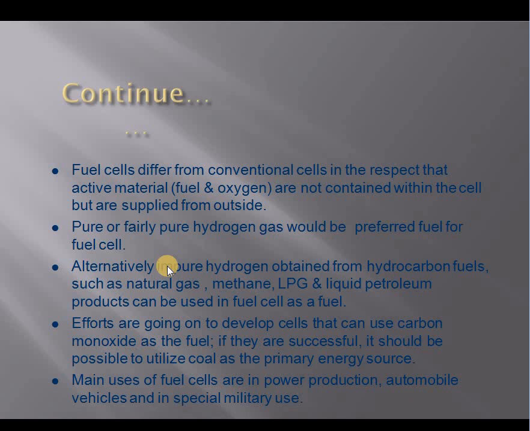Okay, so this conversion of energy taking place is pure and it takes place in the presence of some catalyst.